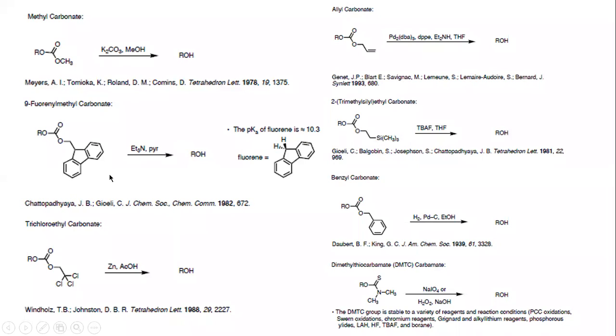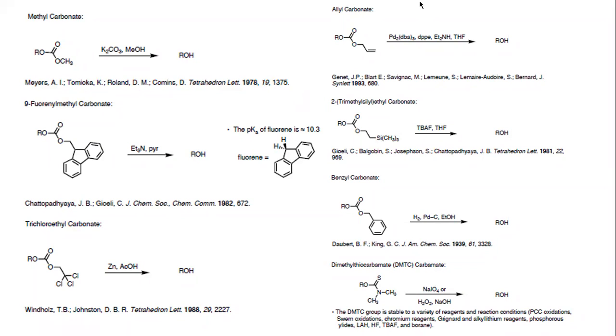If you treat the trichloroester with zinc and acetic acid, you can remove it. And again, all of these removal methods are very important because the removal method has to also be strategically applied so that some other side reaction is not happening on your larger molecule, right?